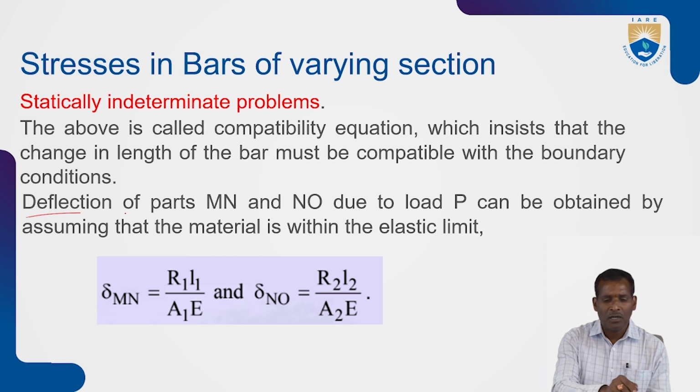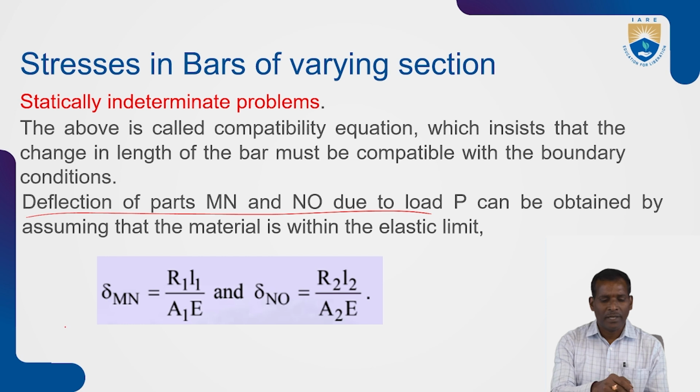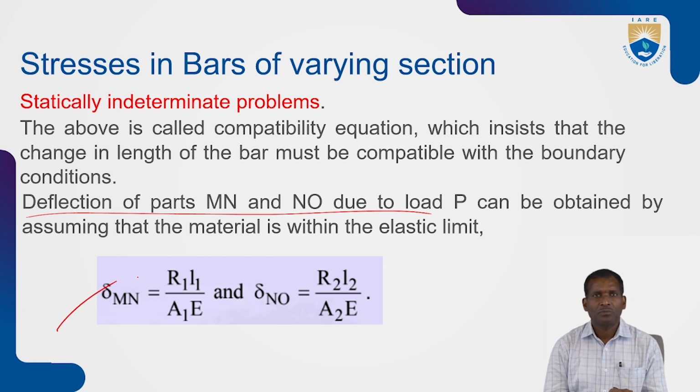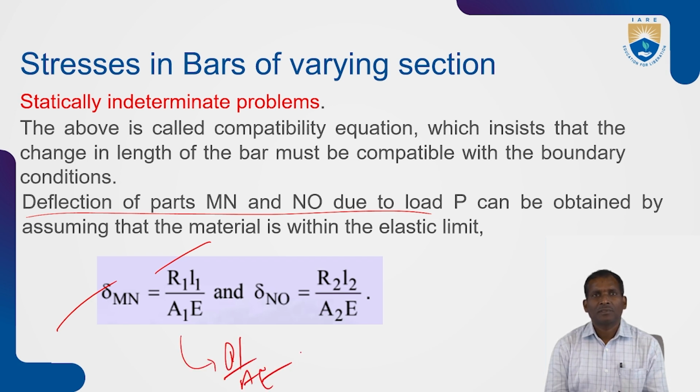The deflections of parts MN and NO due to load P can be obtained by assuming that the material is within the elastic limit. So delta MN is equal to R1L1 by A1E. Here R1 is the reaction force acting instead of P; actually this is PL by AE at MN.